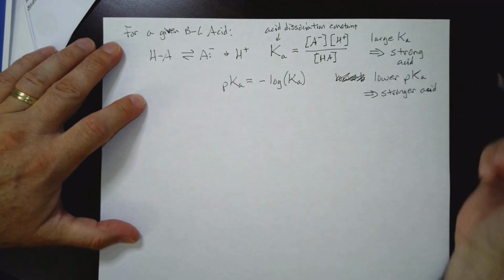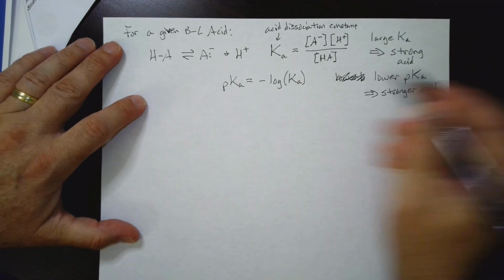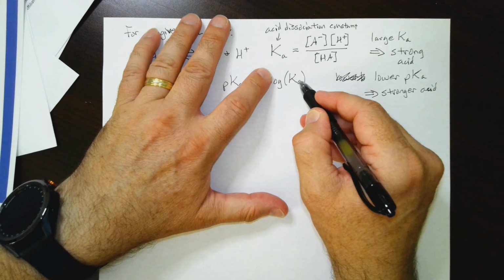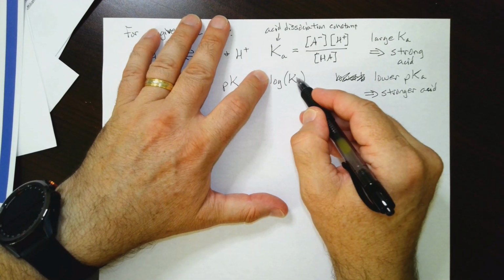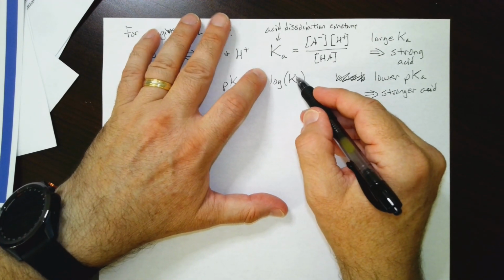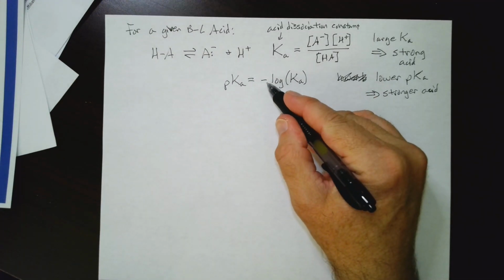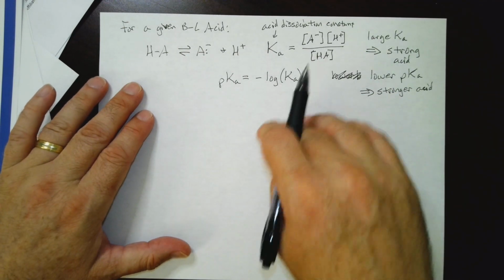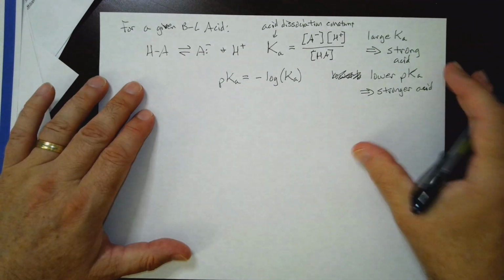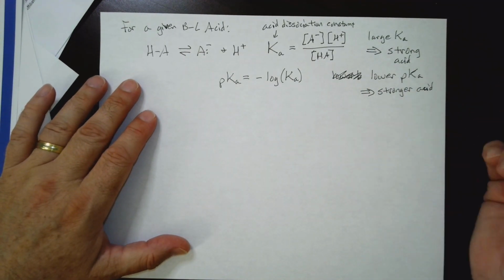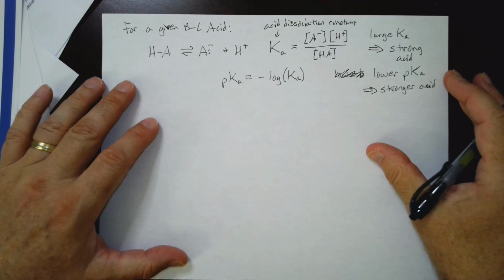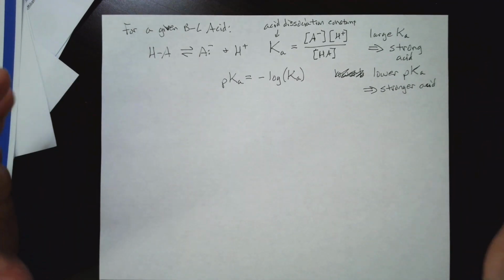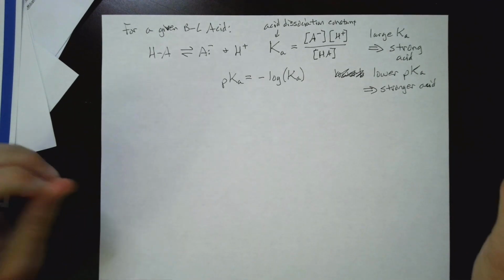So larger Ka is a stronger acid, lower pKa, because you're taking the log of a big number, so that's going to be another reasonably sized number, but you've got a negative in front of it, so that's going to make the number lower. So for example, something with a pKa of 1 is a stronger acid than something with a pKa of 5.